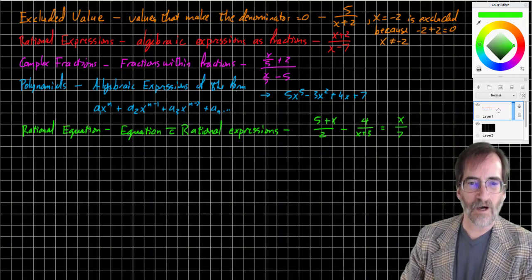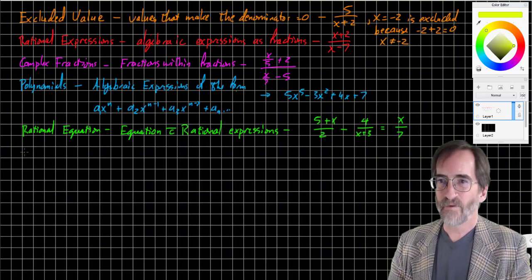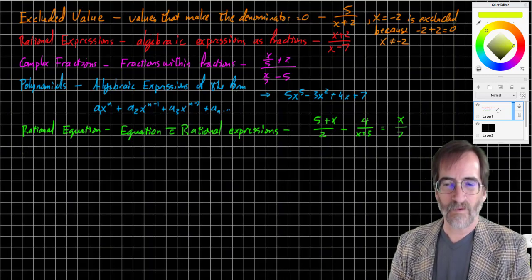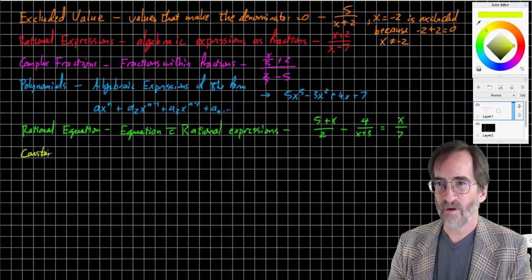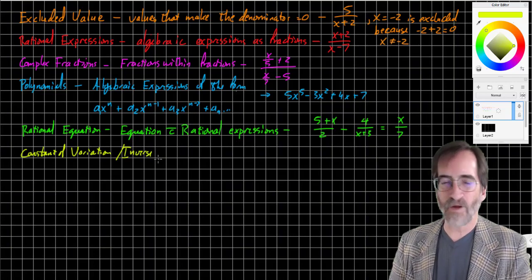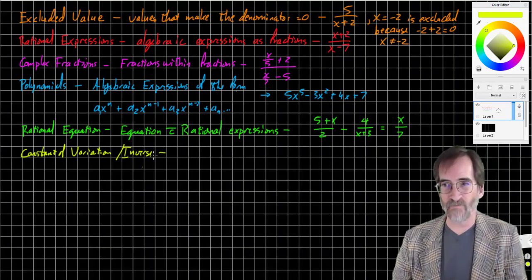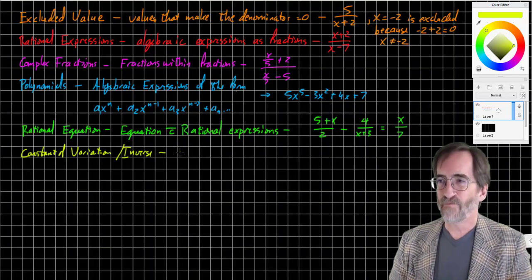Lesson 7 is on inverse variation. Keywords, constant of variation. And I will say slash inverse, because this is the constant of variation for inverse variations as opposed to the constant of variation for a direct variation.